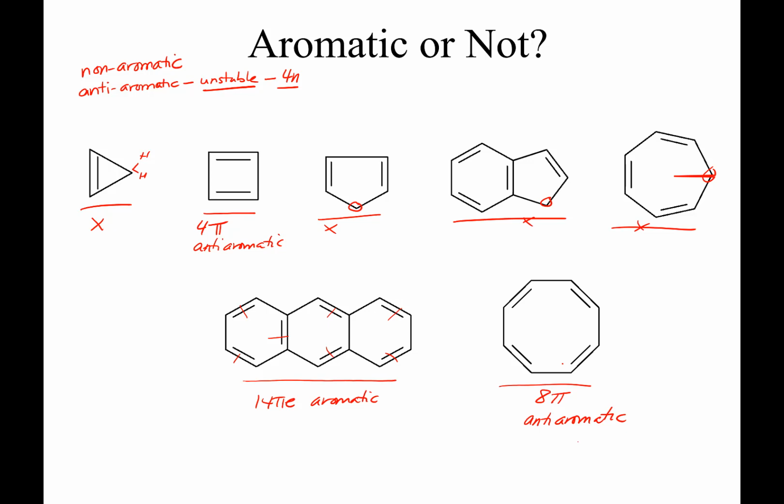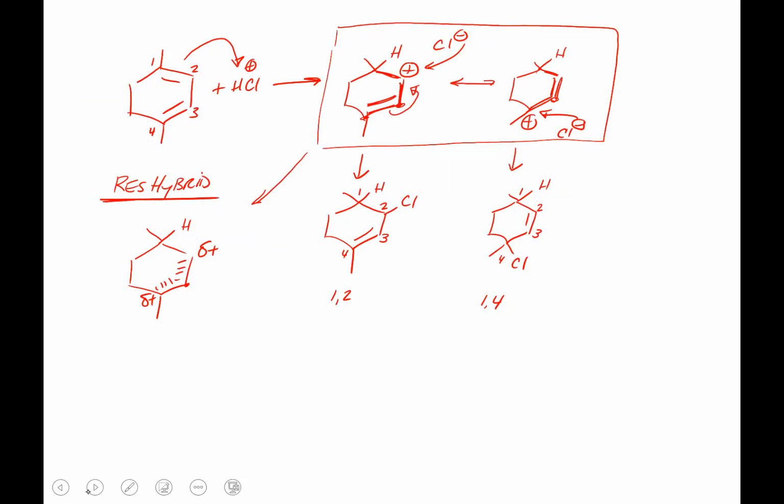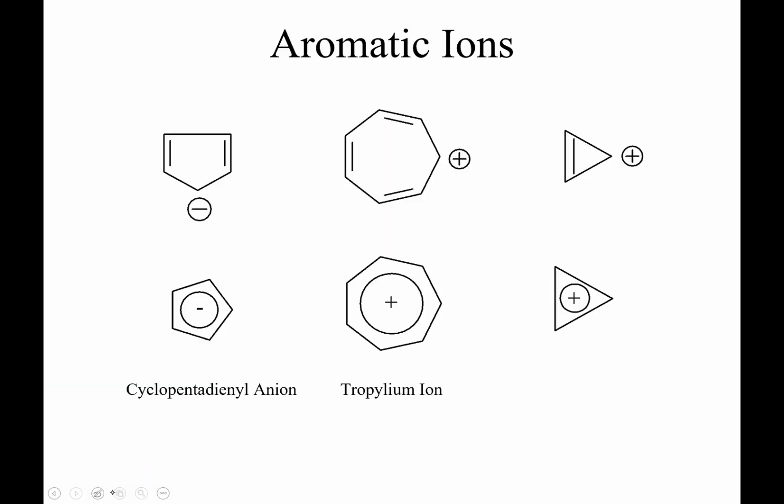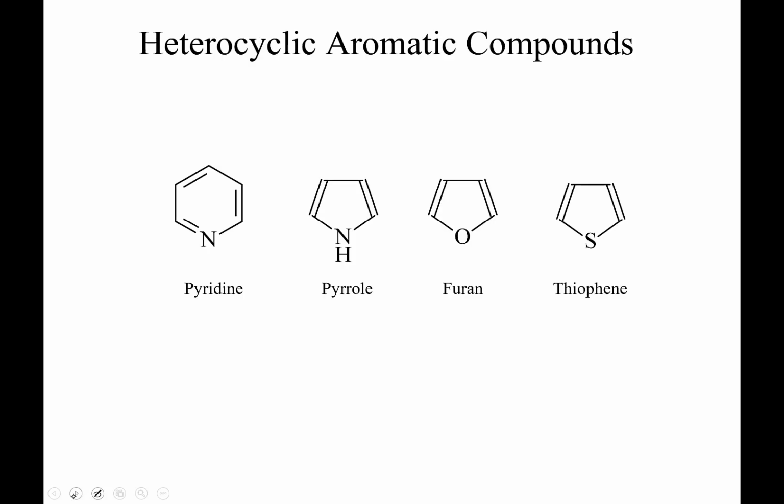These are relatively straightforward. We can make these things a little bit more complicated by doing either aromatic ions, or what I would like to do is heterocyclics first. So it is possible to make aromatic systems putting nitrogens and oxygens and sulfur in the ring.